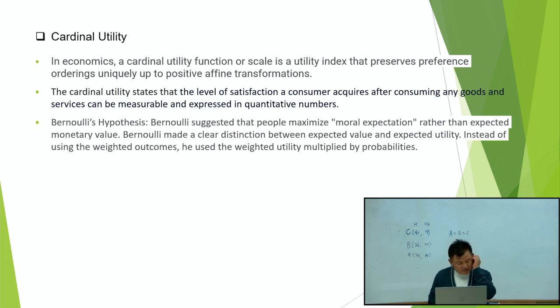In economics, a cardinal utility function or scale is a utility index that preserves preference ordering uniquely up to positive affine transformations. The cardinal utility states that the level of satisfaction a consumer acquires after consuming any good or service can be measurable and expressed in quantitative numbers.